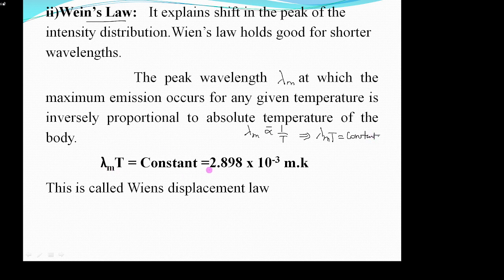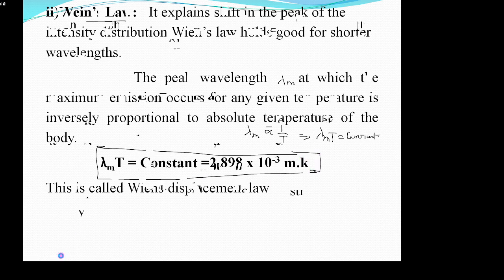The constant value is 2.898 into 10 power minus 3 meter Kelvin. This is called Wien's displacement law.